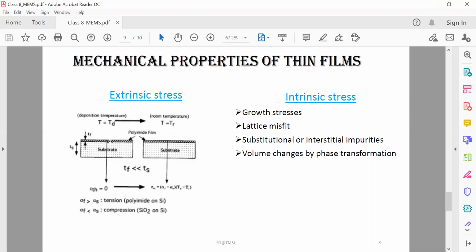In this interface, this is the thin film and this is the substrate. In between here, stress may be developed.